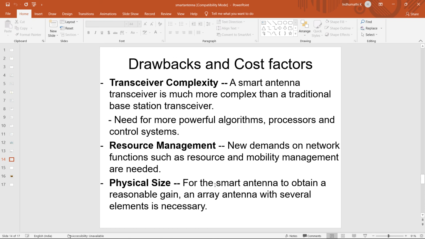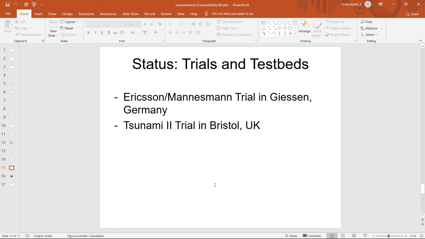More powerful algorithms, processors and control systems are needed for this. And resource management: new demands on network functions such as resource and mobility management are needed, as I have told now. And physical size: for smart antennas to obtain a reasonable gain, an array antenna with several elements is necessary. The smart antennas were tested with testbed development in the Ericsson management trial in Gießen, Germany, and the Tsunami 2 trial in Bristol, UK.